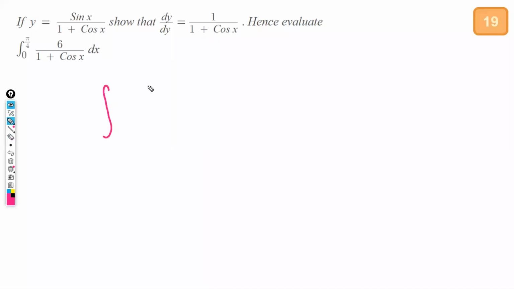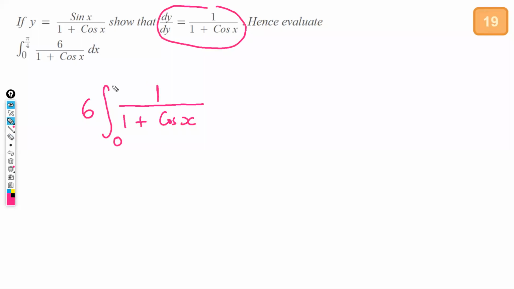They're asking us to integrate 6 divided by 1 plus cos x. It has, instead of a 1, a 6. But couldn't we factorize out that 6 and put it outside? And if we do that, then we get this expression here. And now everything falls into place.